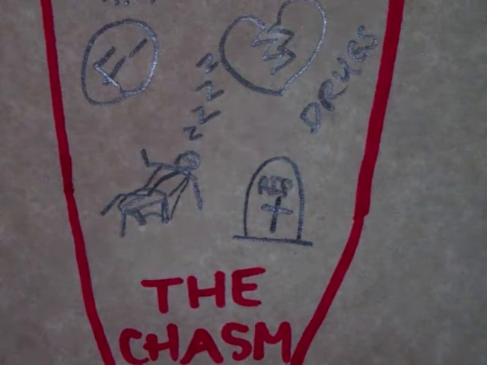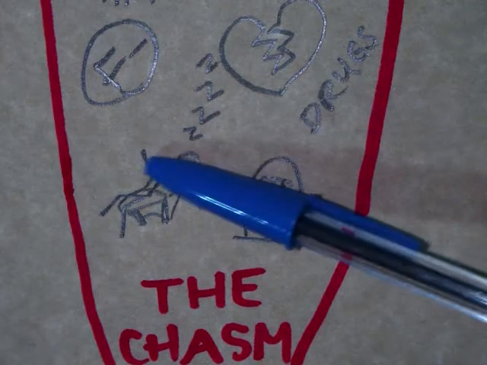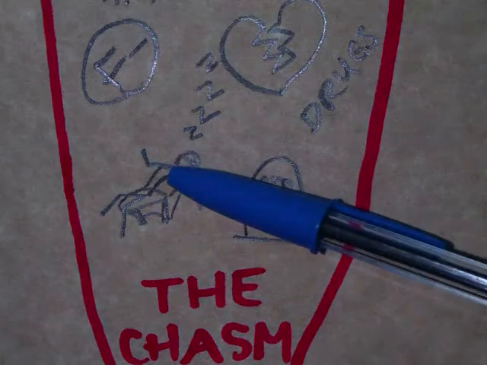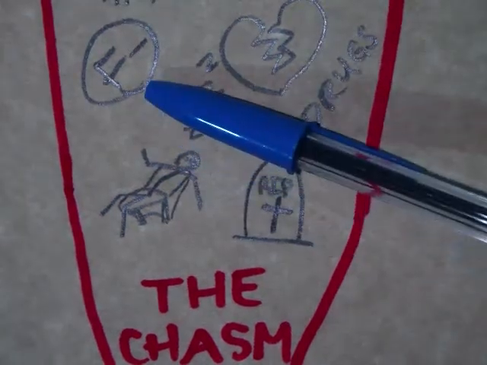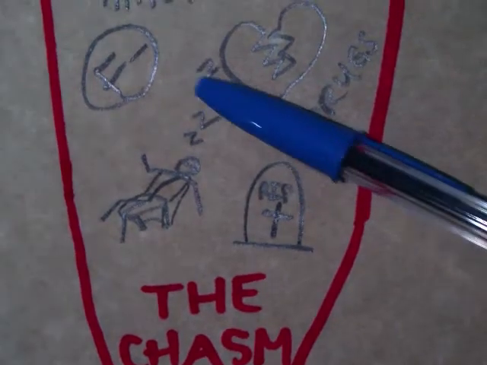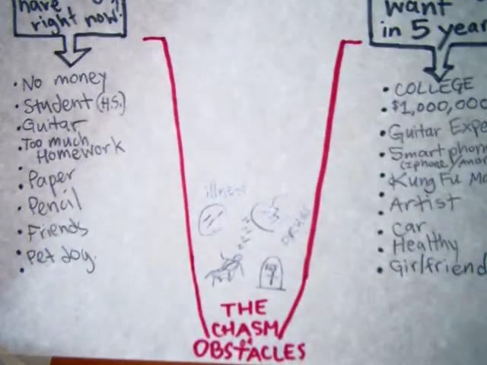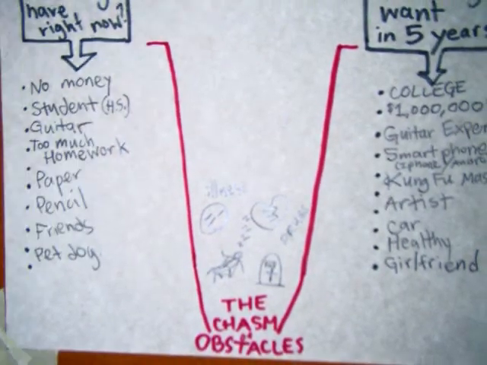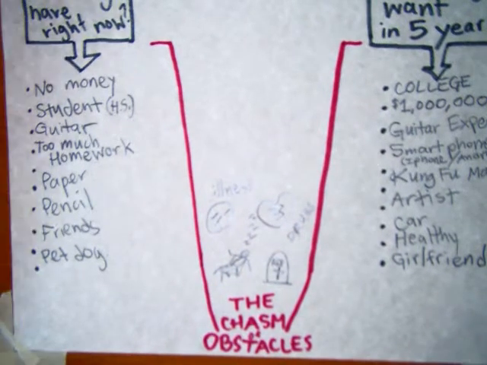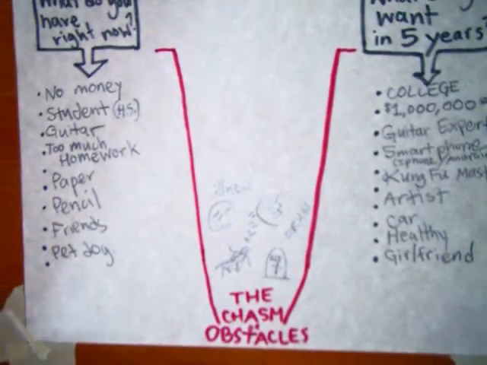Then this picture, this guy here, he's laziness, one of those obstacles. Failing grades, just dropping out of school, heartbreak, illness, drugs. These are all part of the chasm of obstacles that's getting in the way of your goals.